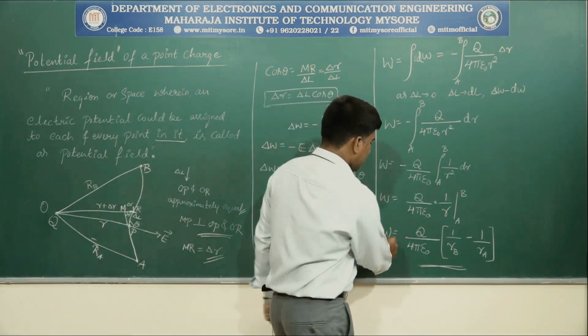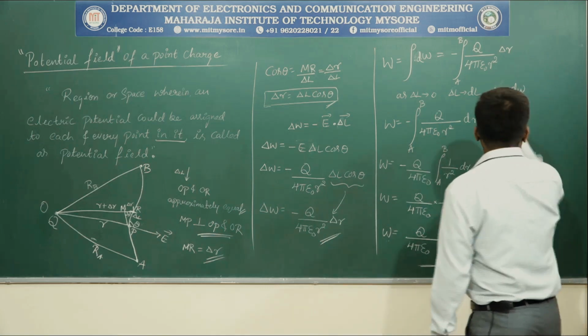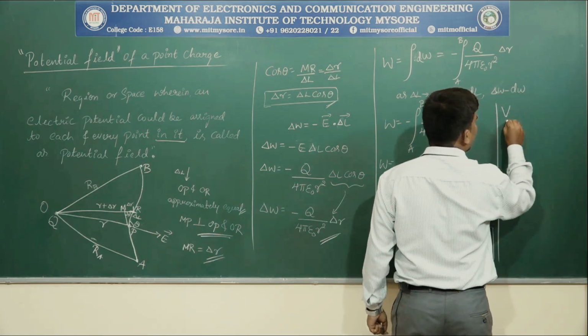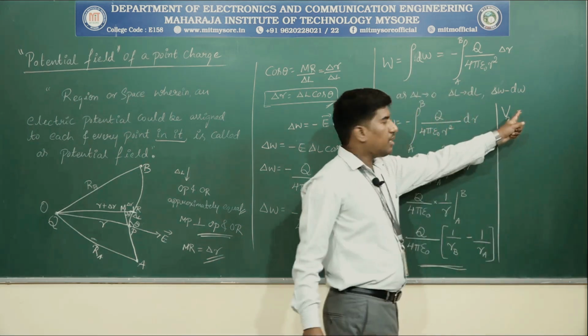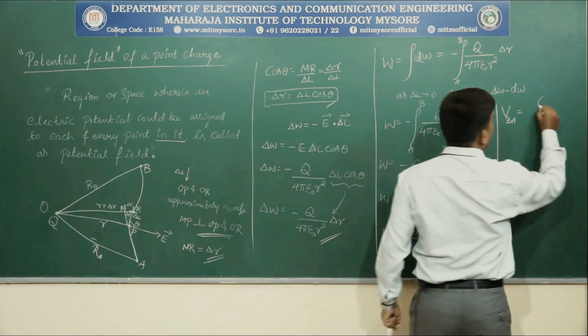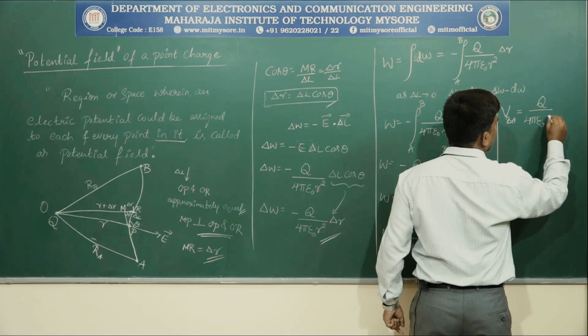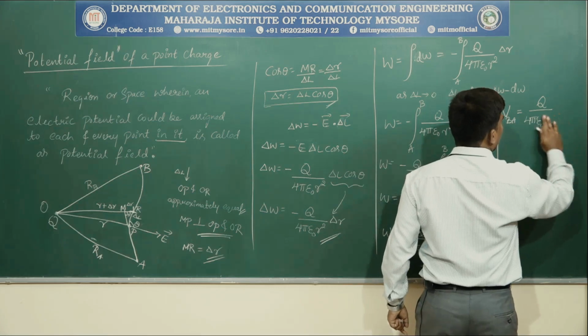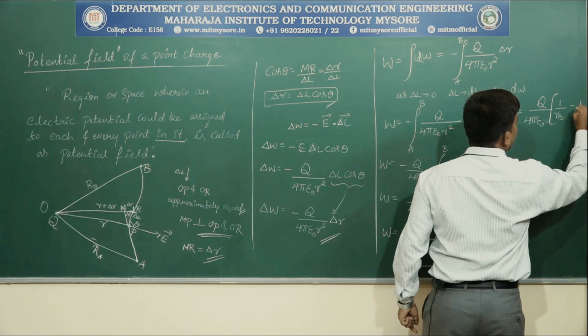Okay. Now then W becomes V. Work done is from B to A. So potential difference from B to A is equal to Q divided by 4 pi epsilon naught into 1 by RB minus 1 by RA.